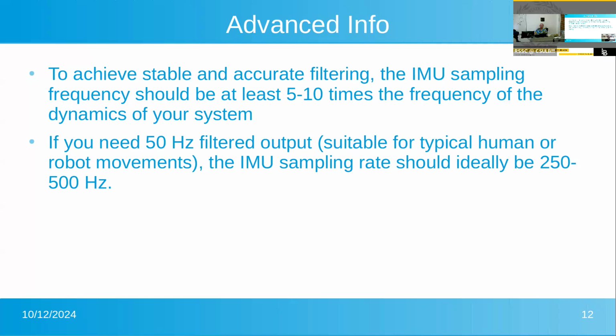That's a fancy way of saying you need some rate of update to handle how fast things are moving or changing movement. With humans and robots of hobby use, about 50 hertz is typical or suitable. So you might want to update your motors 50 times a second, right?